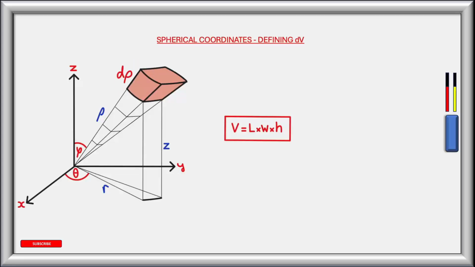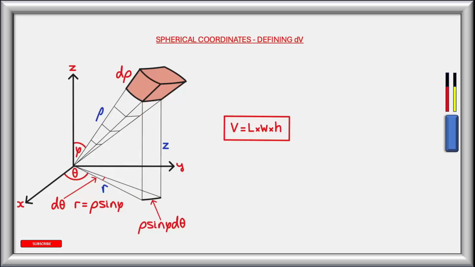If we extend lines down from the rectangular box, we see that the width dimension of the box, circled here, also lies parallel to the xy plane, circled here, and is the arc of a circle where the radius of the circle we saw was r when using cylindrical coordinates. We also saw that r translated to ρ sine phi when using spherical coordinates.